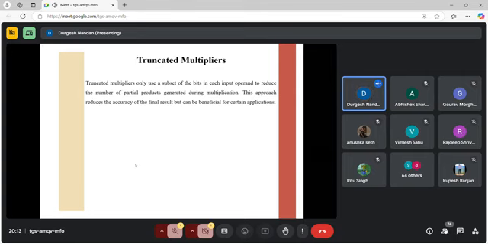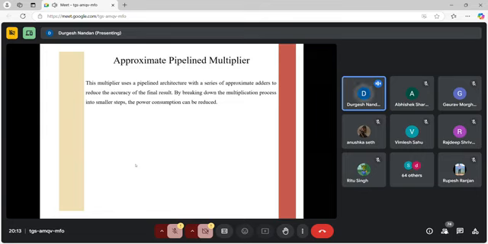Another one is the approximate pipeline multiplier. Basically, we use pipeline architectures with a series of approximate adders to reduce the accuracy of the final result. Via that, accuracy is slightly affected, but definitely our area requirements decrease and our power consumption gets reduced.